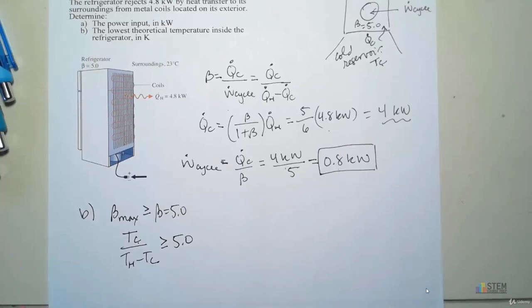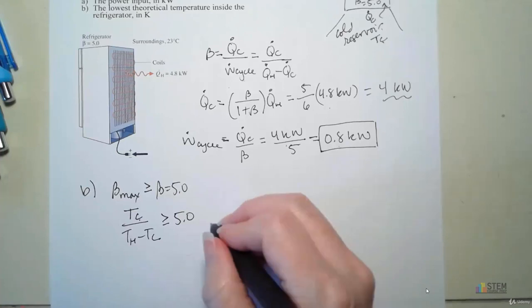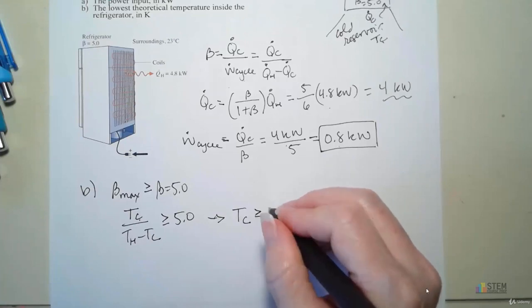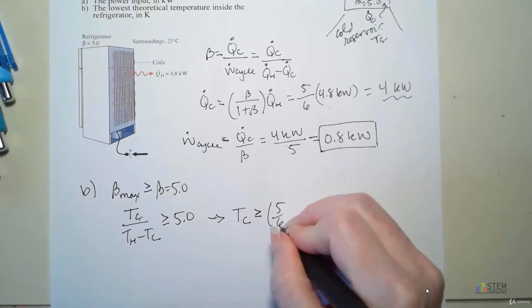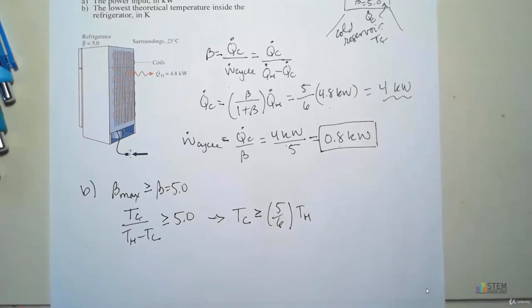Now let's go ahead and solve for Tc because that's what we are looking for. That's the temperature inside of the cold reservoir, which is the area inside the refrigerator. So we'll say Tc is greater than or equal to 5/6 Th. That's what you get after a little algebra.